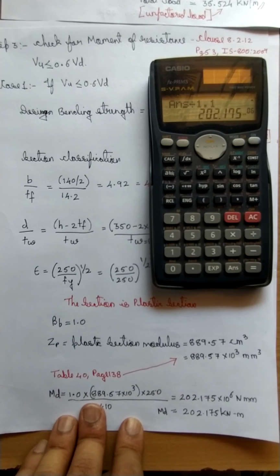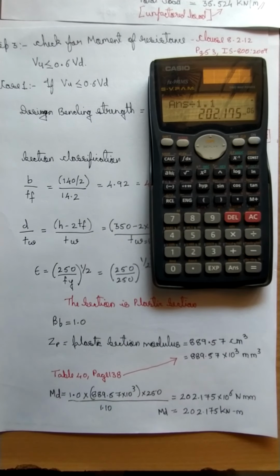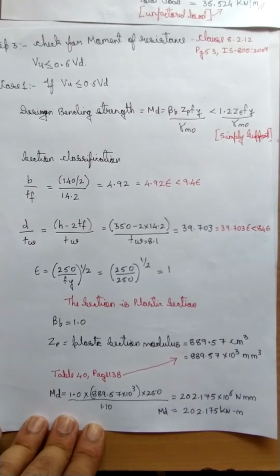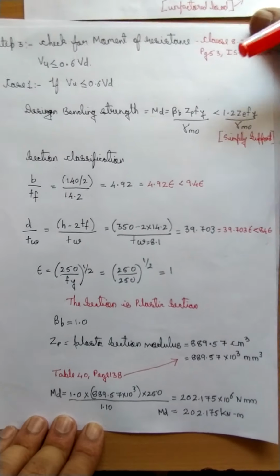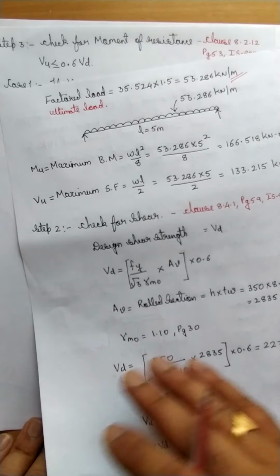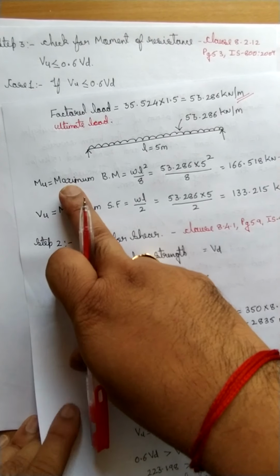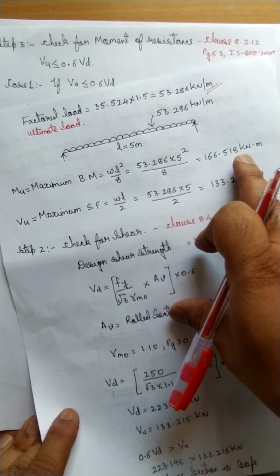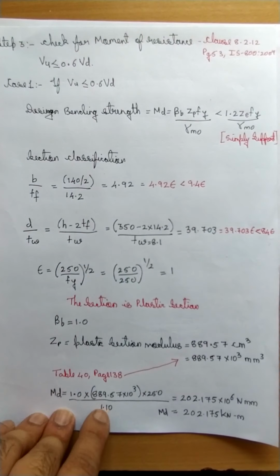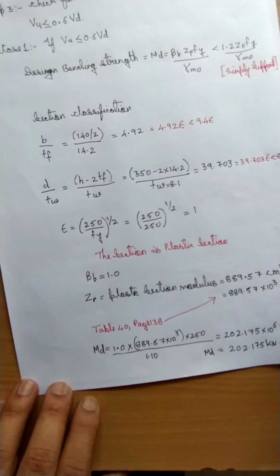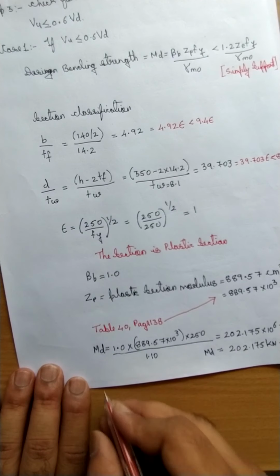This is Md. So we have also computed the value of maximum moment. Mu is 166.518 kilonewton meter from the earlier case. So what is happening?